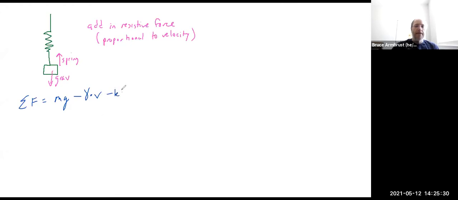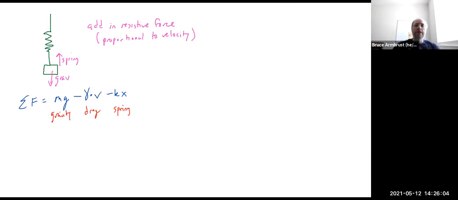And then minus kx, which is the spring. The first one is gravity, then minus drag and minus spring. And drag is always going to be in the opposite direction, so it's always going to be negative.